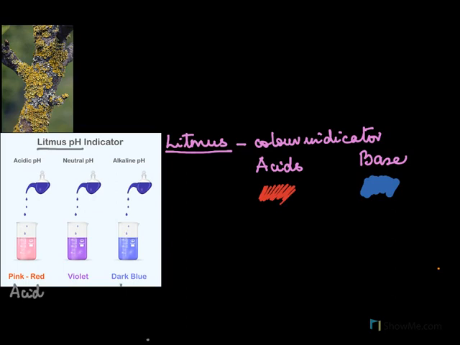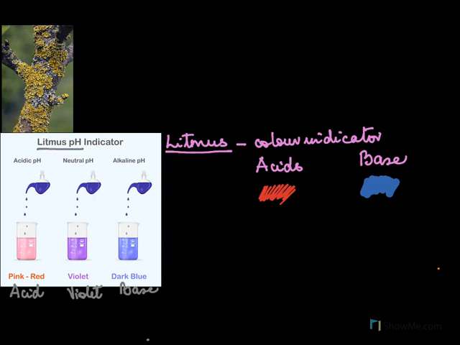And here they have added it to a base and it has turned blue. However, in a neutral substance, which is neither an acid nor a base, it remains violet or purple in color. So litmus is a pH indicator. It tells us if a substance is acidic or basic.